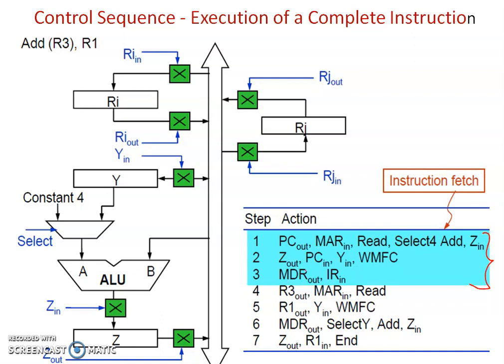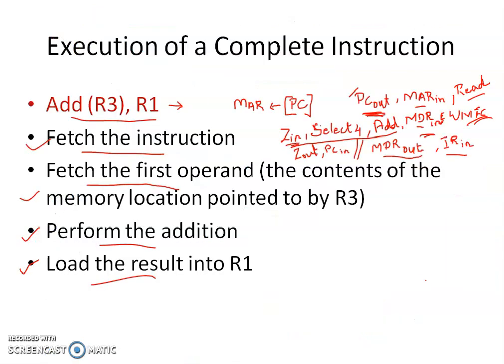Okay, so in this case MDR out only is being mentioned. MDR out is not mentioned over here. But if you mention this, only the processor bus control signals are mentioned in this sequence of steps. MDR INI, here we are making use of MDR INI, no?